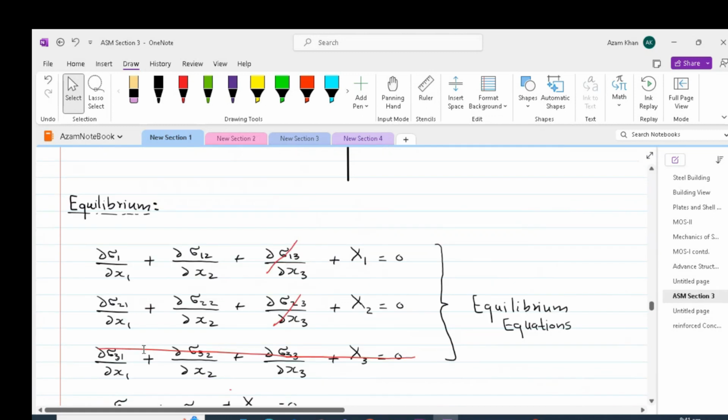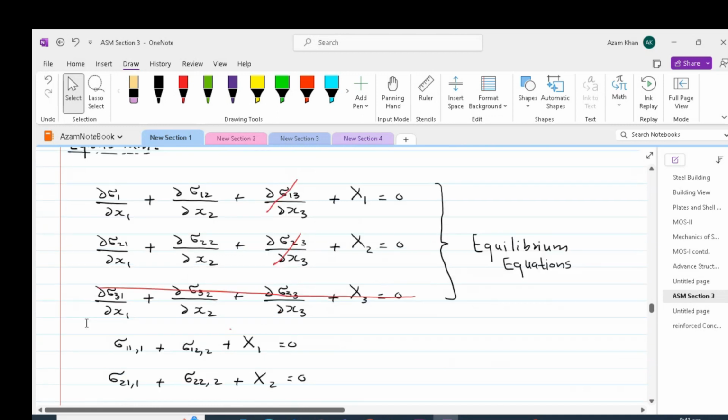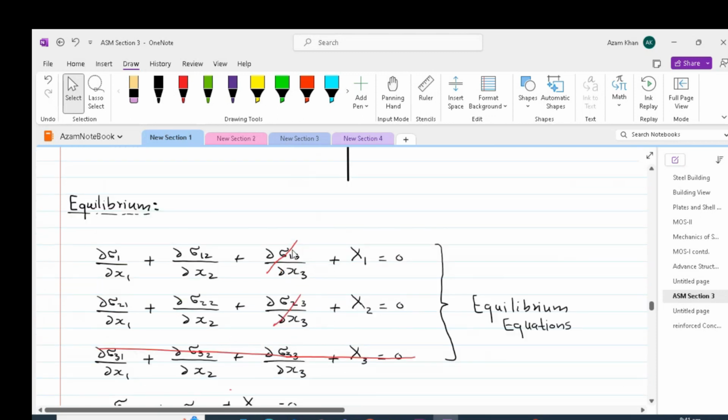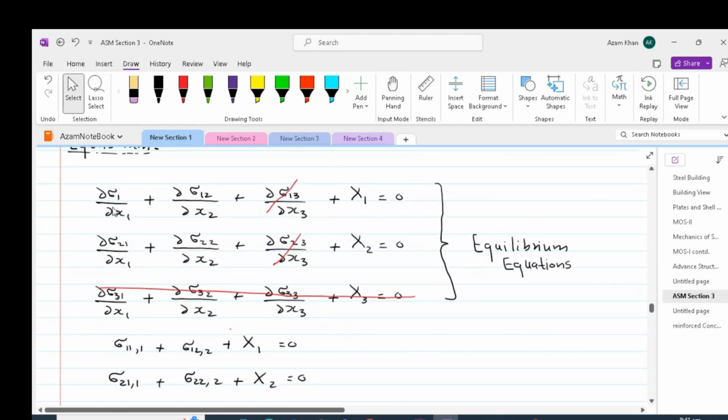So rewriting these three equations and now converting them into plane stress or plane strain problem, automatically the third equation will become 0, so we can strike it off. Whatever is in the outward drawn normal along the x3 direction will be omitted. So these two will be omitted, and we are left with the first two terms of the first equation plus the body force in x1, and the first two terms of the second equation plus the body force in the x2 direction.